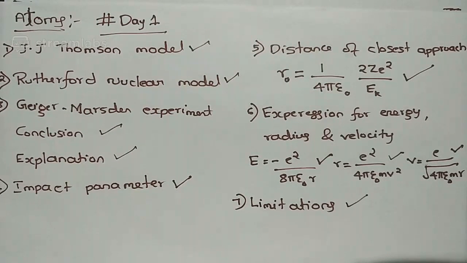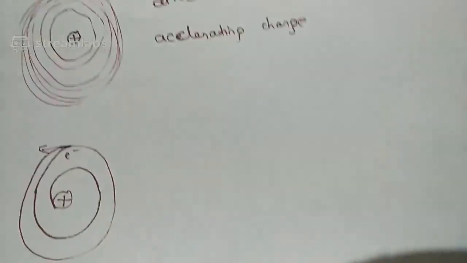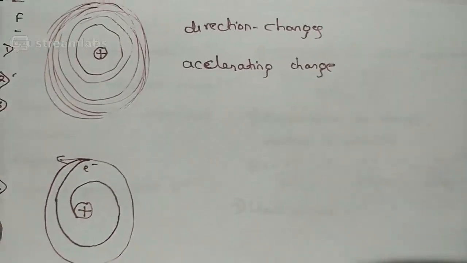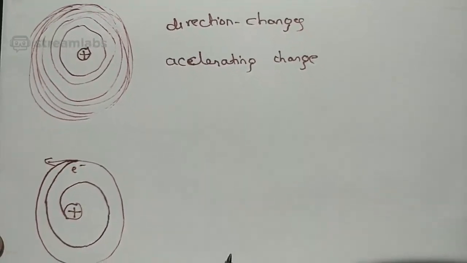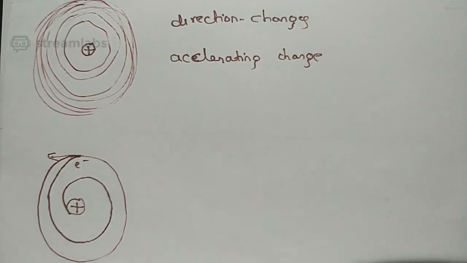One of the limitations we have just discussed is the stability of the atom. You will understand in the topic of electromagnetic waves that an accelerating charge will definitely radiate energy.